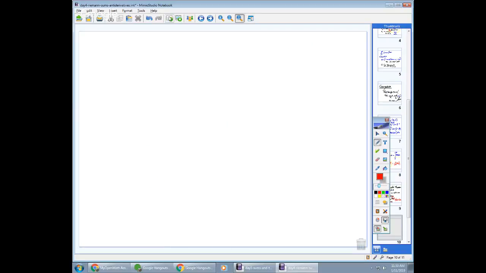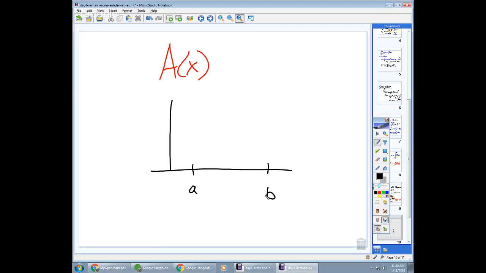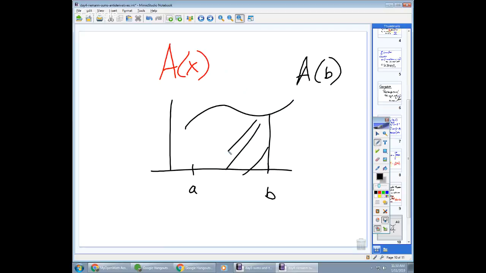Here's the power of it. Check this out. I have some area function, A of x. Here's a and here's b. If I say what is A evaluated at b, wouldn't that be all of this stuff going back this way?